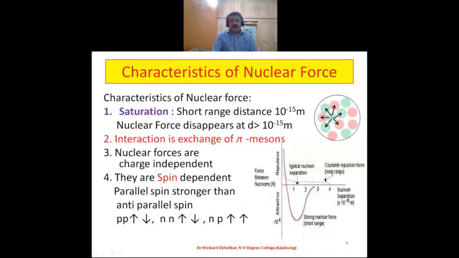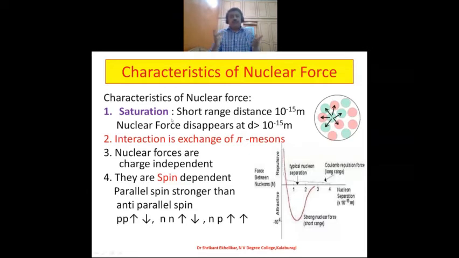So the basic characteristics of nuclear force: how is nuclear force? We have just now understood that nuclear force cannot be like Coulomb force, because Coulomb force is sometimes attractive and sometimes repulsive.